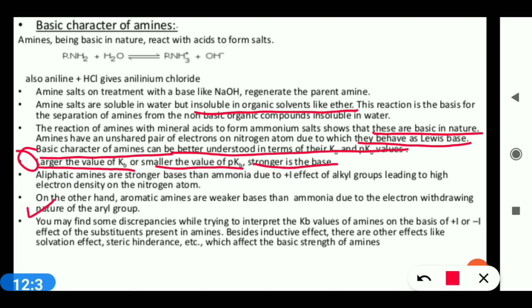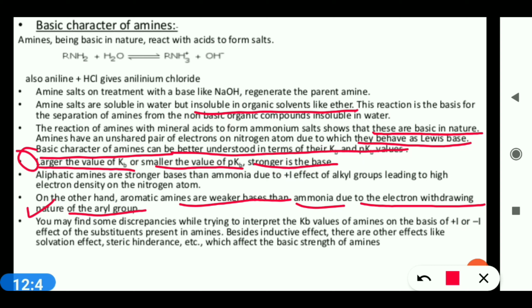While the aromatic amines are weaker bases than ammonia. This is due to the electron withdrawing nature of the aryl group, or you can say the lone pair of electrons of the nitrogen gets busy in the delocalization.